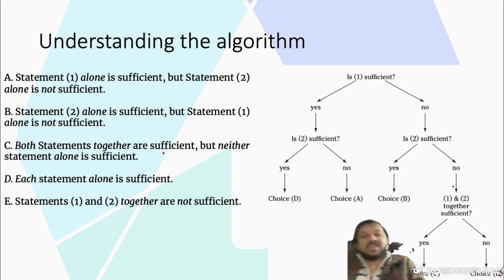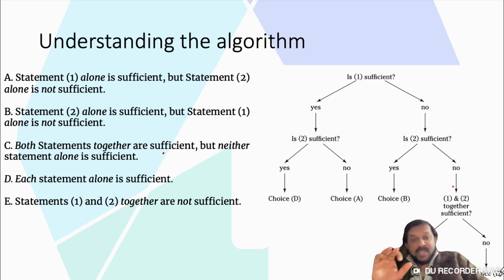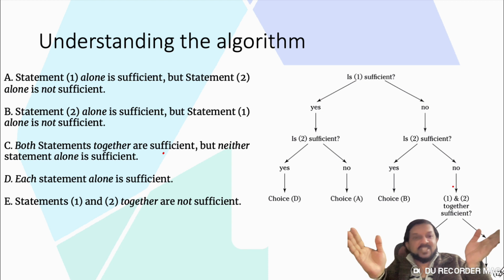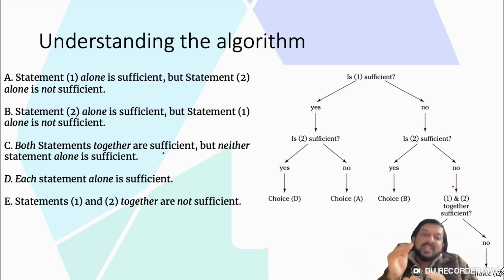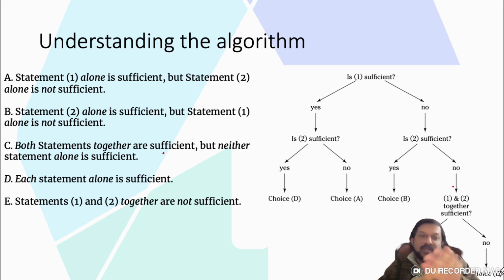Now this is very, very important that you understand the process completely and make sure that the first check is with statement 1 and statement 2 independent of each other. And only when statement 1 fails to give a unique answer and statement 2 independently fails to give a unique answer, only then we combine. If statement 1 alone is sufficient, 2 is not, we know that A is the answer. If statement 2 alone is sufficient, 1 is not, we know that B is the answer.